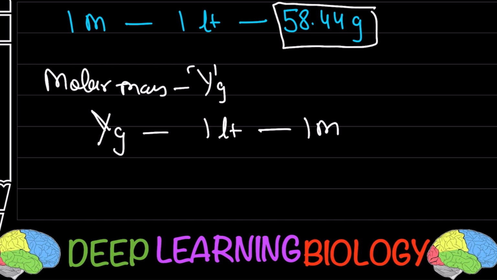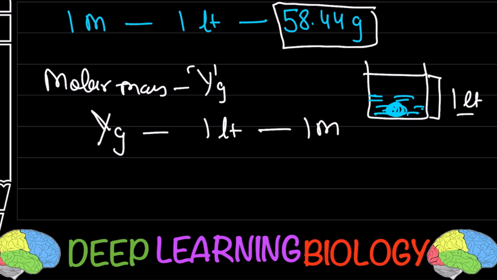So in this situation, you will weigh 58.44 gram of NaCl. Initially you dissolve it in a small amount of water, then you add water such that the final volume is 1 liter.